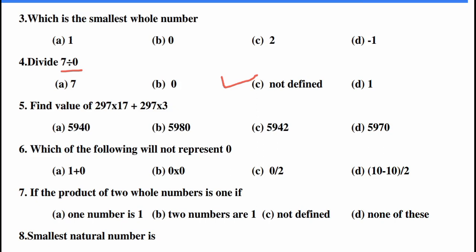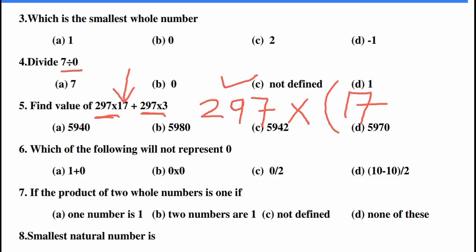Question number 5. Find the value of 297 multiplied by 17 plus 297 multiplied by 3. As we can see, in these two multiplication terms, one number is common, that is 297. So we can write 297, the multiplication sign as it is, then in brackets, what is left in this term? It is 17. Now the plus sign as it is.